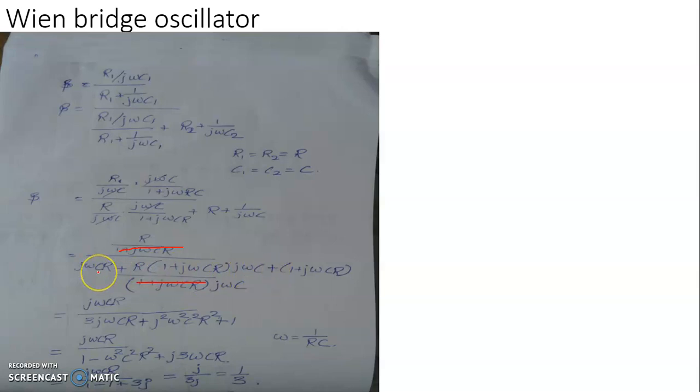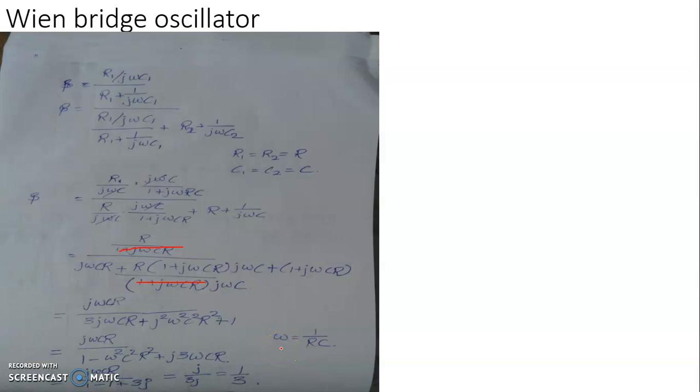So j omega CR repeats 2 times, and here also you have j omega CR. So overall 3 j omega CR plus j omega CR into j omega CR, j square omega square C square R square, plus 1 here. So there will be 3 different terms like this.